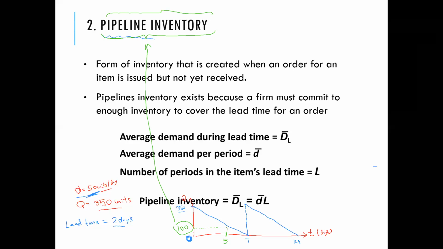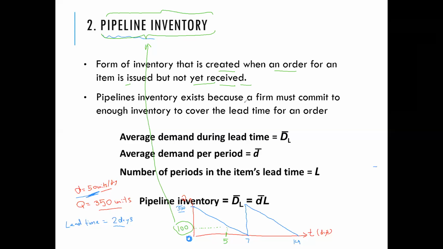Pipeline inventory is that form of inventory that is created when an order for an item is issued but not yet received. So when we created an order for this product, at that time we had 100 units in stock, and those 100 units are called pipeline inventory.